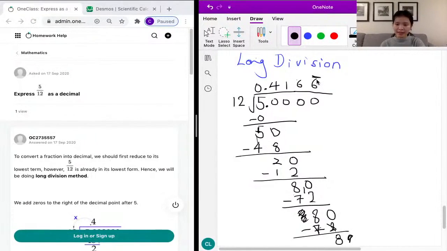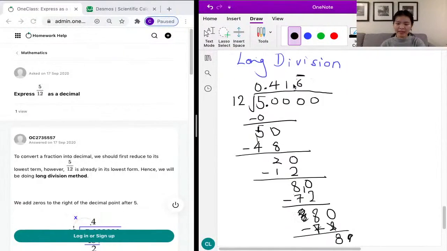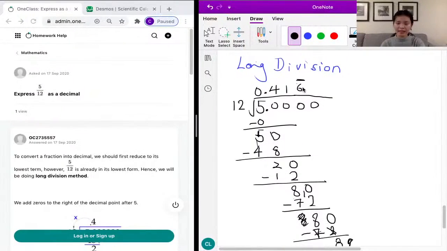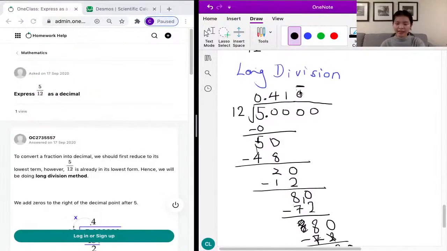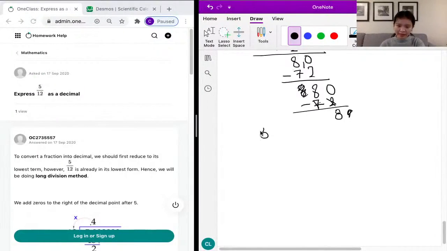In this case, we just put a horizontal line on top of the number that's repeating. The 6 is the number that's repeating. So we write our answer as 0.416 with a horizontal line on top of the 6, symbolizing that the 6 keeps repeating infinitely.